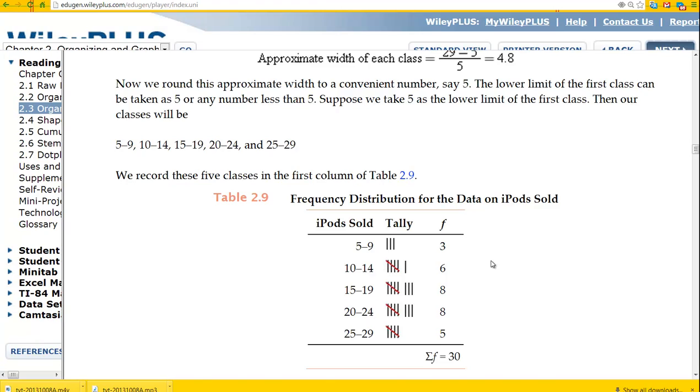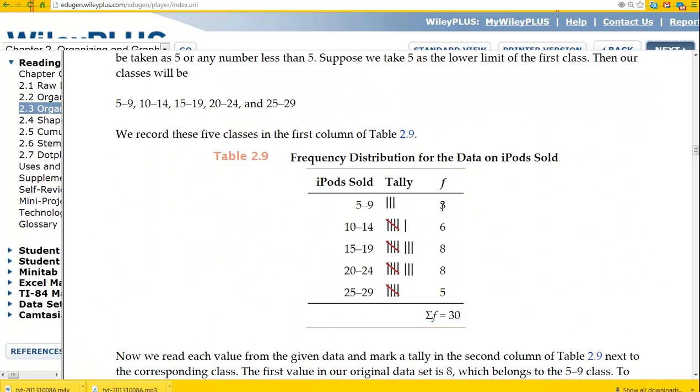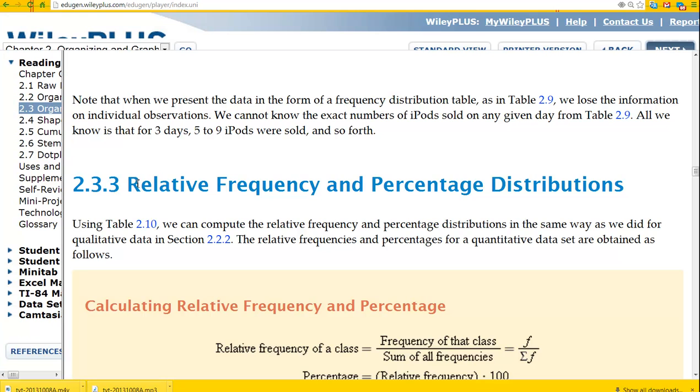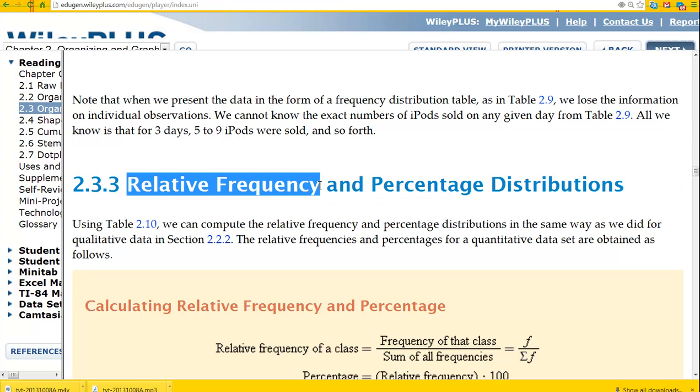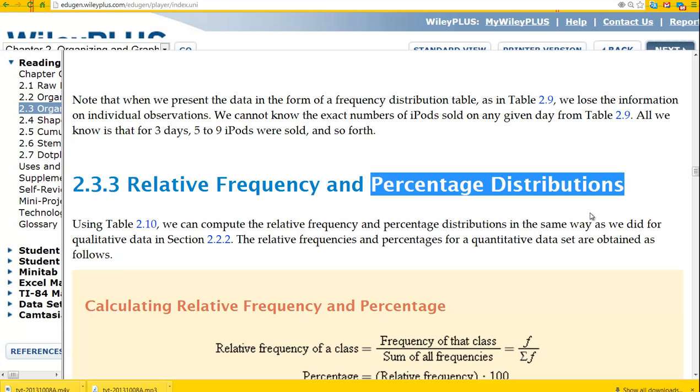Between 10 and 14, how many are there? Then all we're doing now is the same thing that we did before. We're taking 3 divided by 30, 6 divided by 30, 8 divided by 30, 8 divided by 30, and 5 divided by 30, and those are called the relative frequencies. And then the percentage distributions will also be the same.